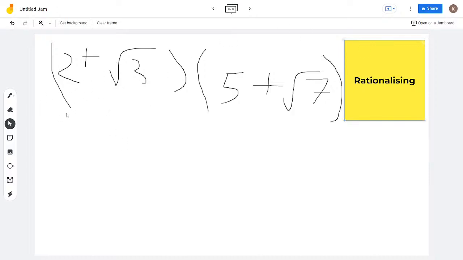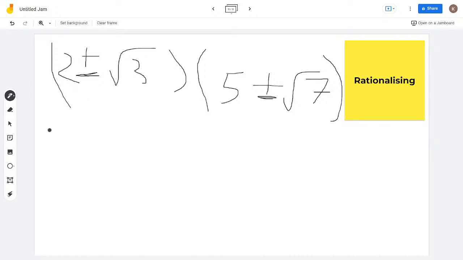What we do while rationalizing, we will see the sign here. Here it is addition, and here again it is addition. So if addition is there, we will multiply and divide the same number with the opposite sign.